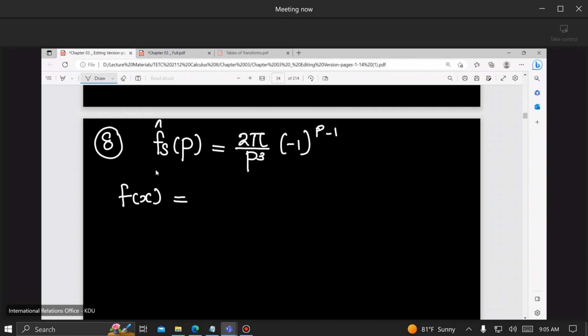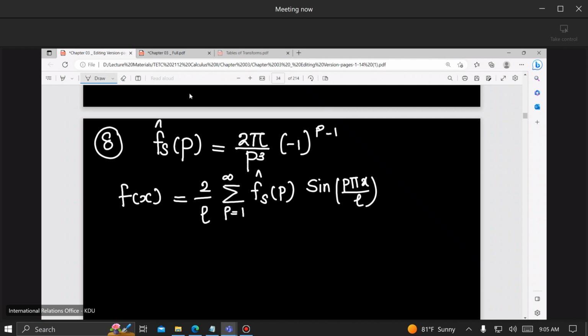Expression number 4 is f of x is equal to 2 over L, summation from p equals 1 to infinity, f hat s of p, sine of p pi x over L.